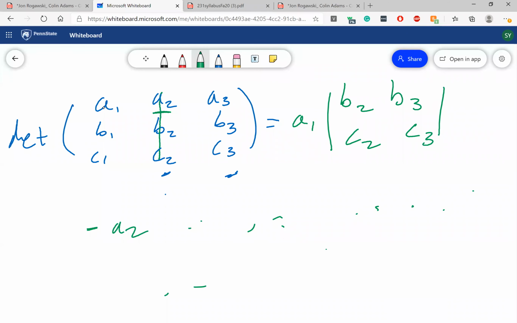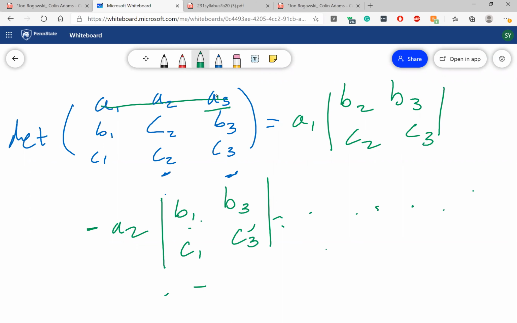We can again cross out these lines. So we're going to be left with the matrix B1, B3, C1, and C3. And so we're going to take A2 times the determinant of that matrix. Okay, and then we're going to go on to A3. We're going to cross out these lines.